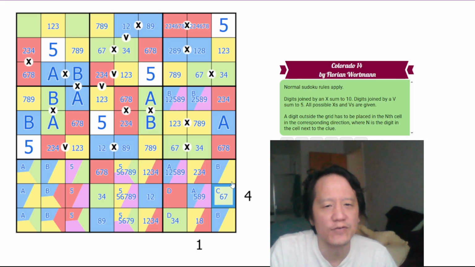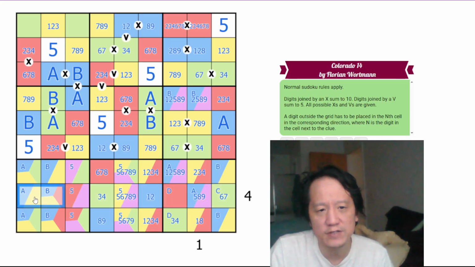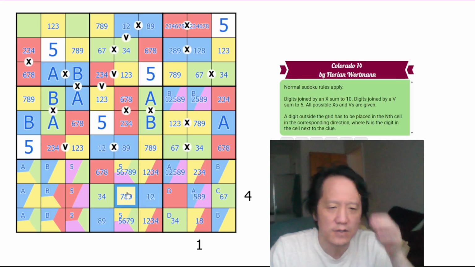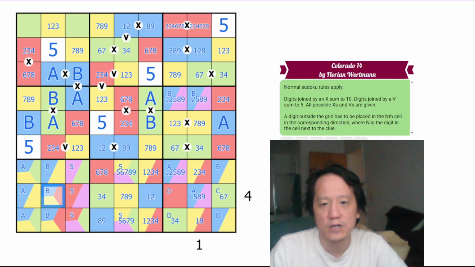Where does the yellow have to be in row 8? Cannot be both of these cells, because if it were both of these cells, then there would be an X in between. So one of them has to be here. So this is not pink. So it's not 5. This has to be yellow, which makes this 7, 8, or 9. Therefore, the low yellow has to be one of these two, and this can't be the low yellow here.